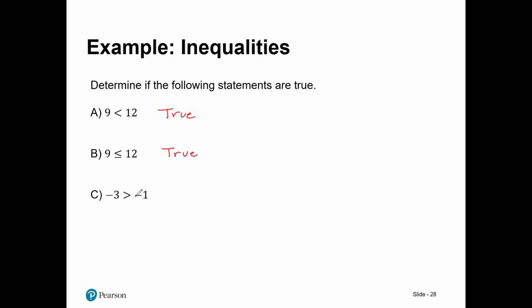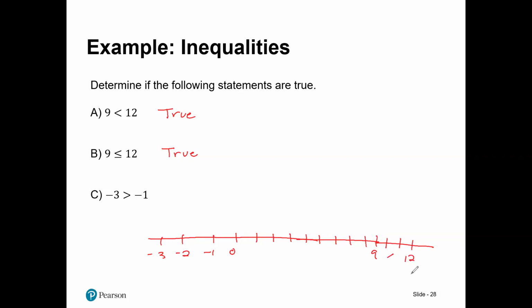Is -3 greater than -1? Well, this is why we have that number line to help us think about this one. One, two, three, four, five, six, seven, 8, 9, 10, 11, 12.